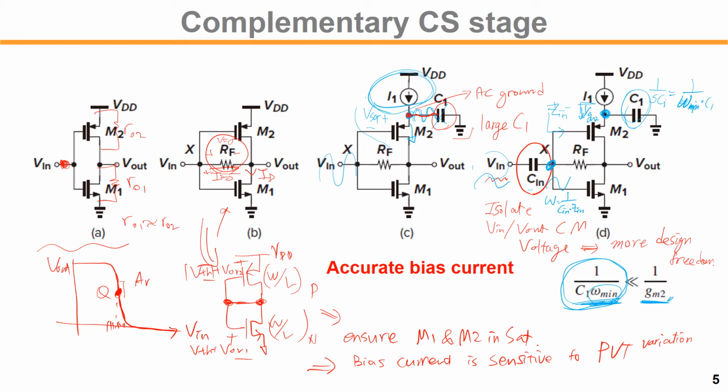At the minimum input signal frequency, the impedance of C in must be much smaller than the impedance seen looking into this amplifier, that is the G in. Okay.